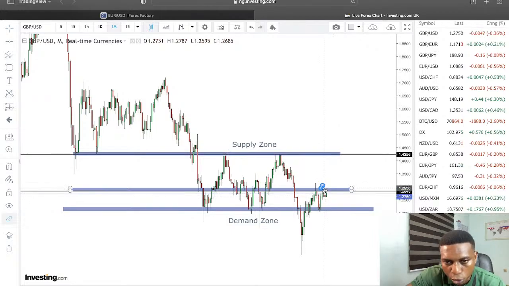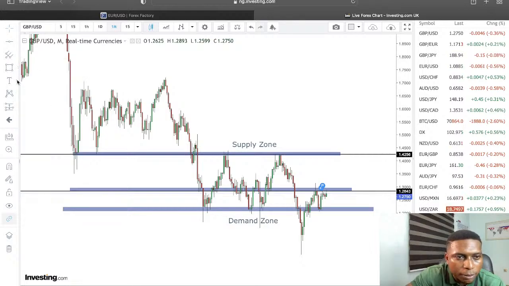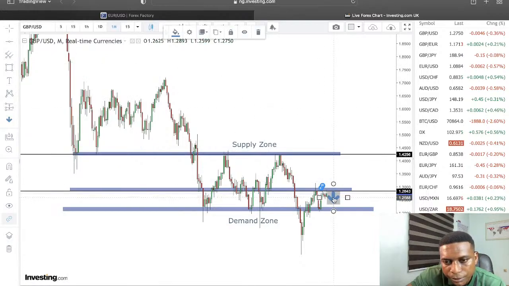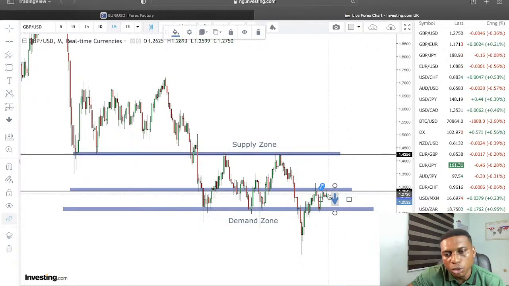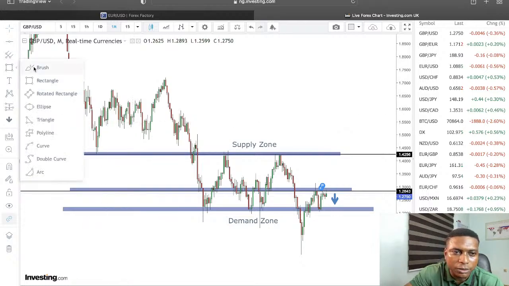So in the long term, we might see price pushed backwards a bit, creating something like this.